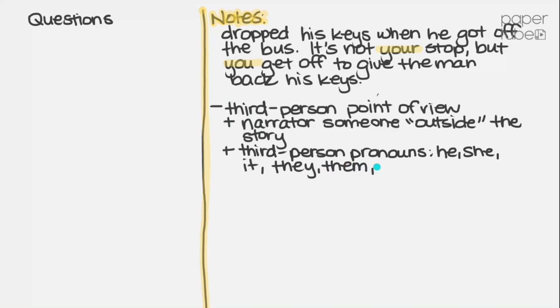And of course, you know, the characters' names as well. Okay, so the first type, I'm going to make just another little header here, types of third person. The first one is what we're going to call third person objective.